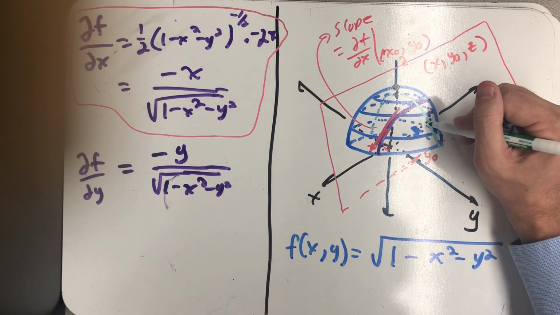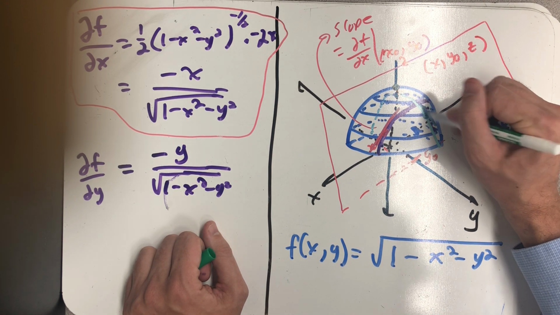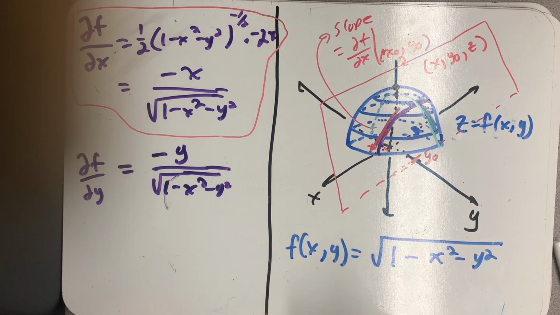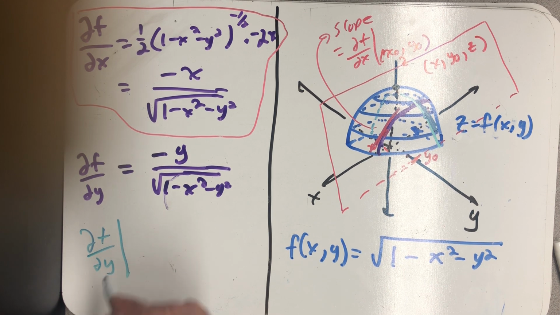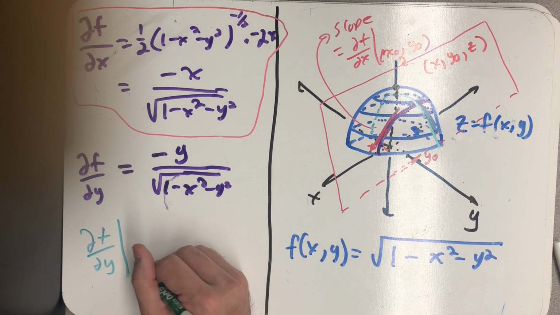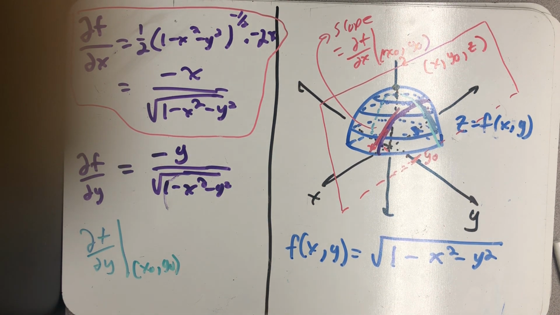If I plugged in an x naught and a y naught to this formula, then I would get a tangent line. So these partial derivatives are still giving me slopes of tangent lines. So we still need a rigorous definition, and we still probably need to do an example where we actually find one of these slopes. But that's it for now.